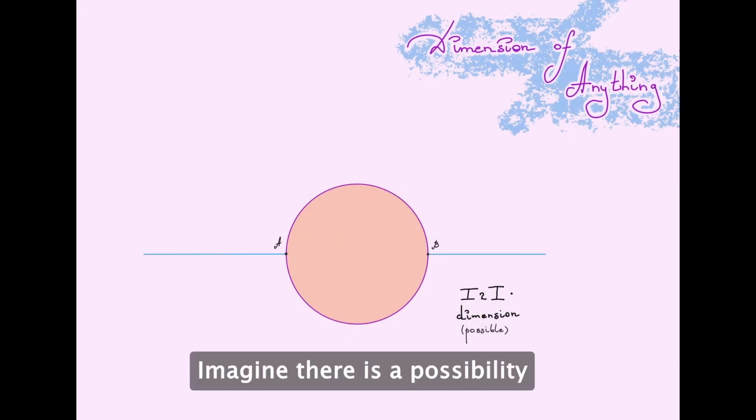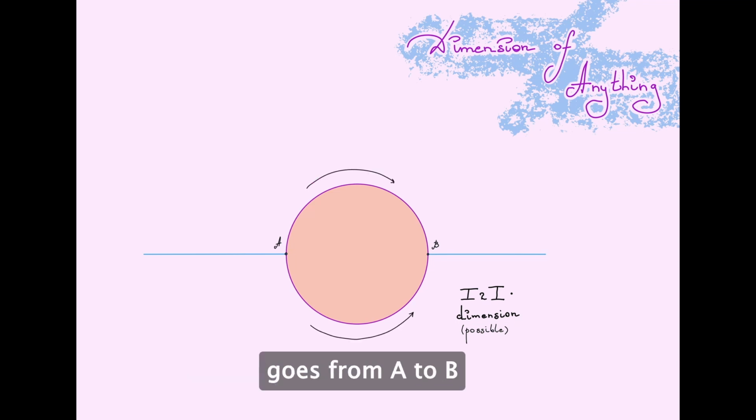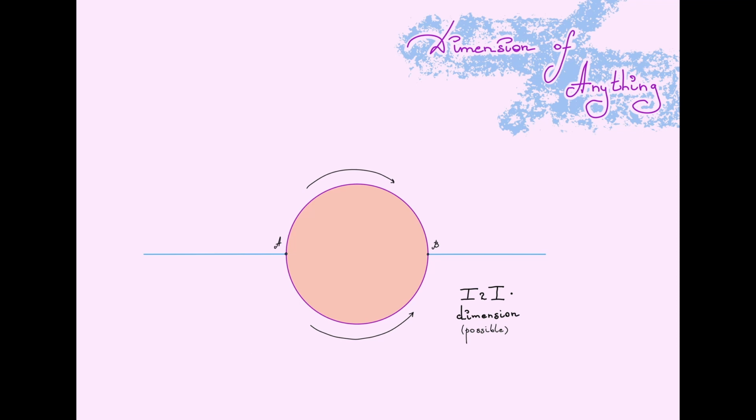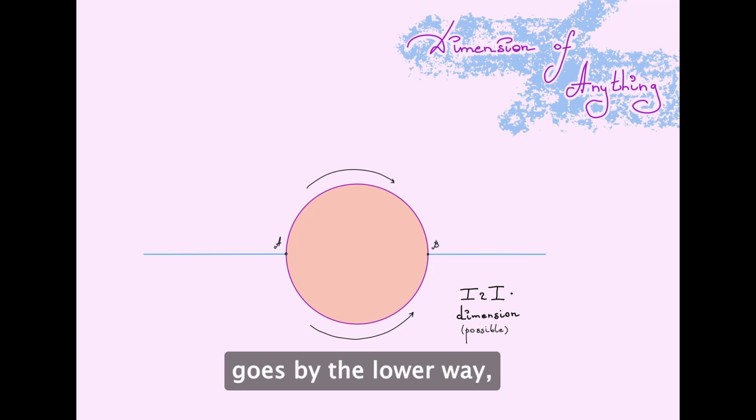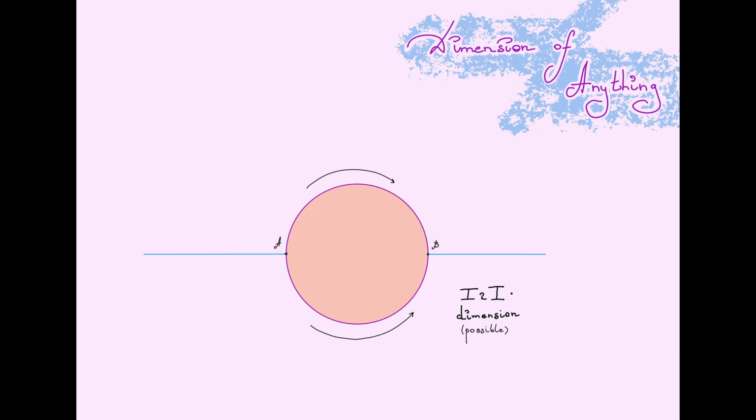Imagine there is a possibility that the anything dimension goes from A to B by the upper way, and the possible I to I dimension goes by the lower way, or just the possible string, whichever you like.